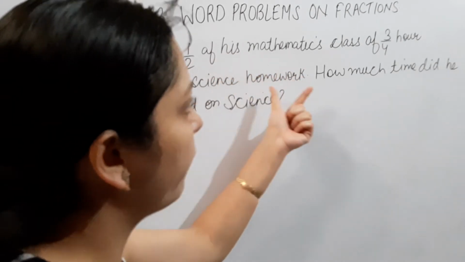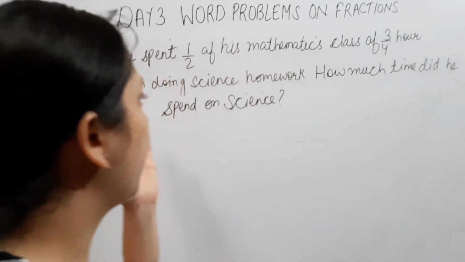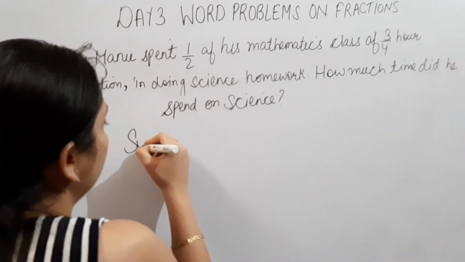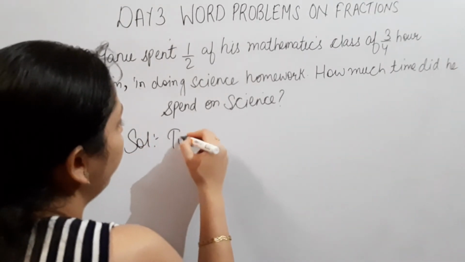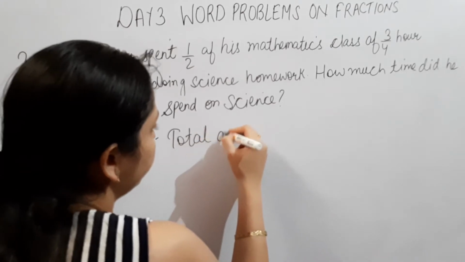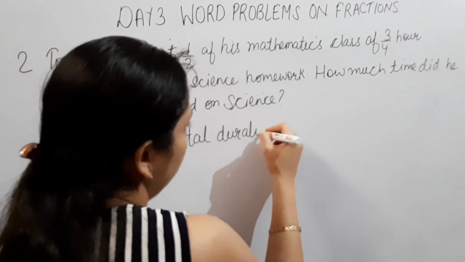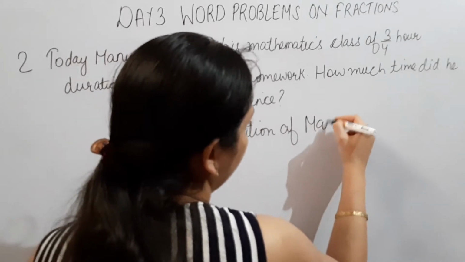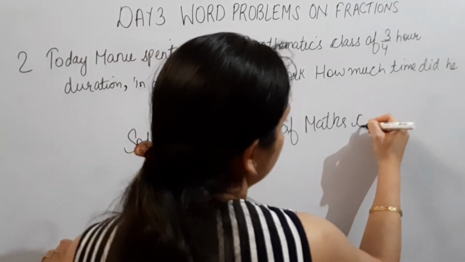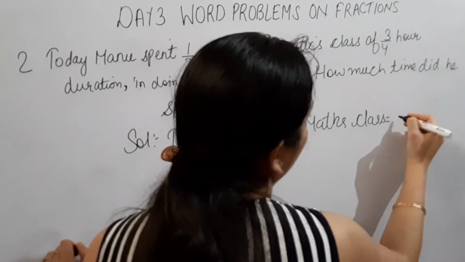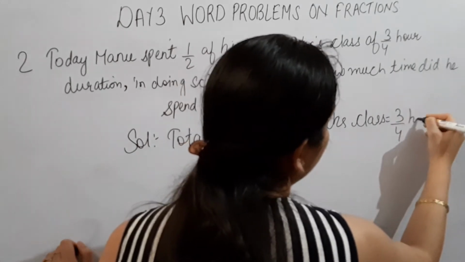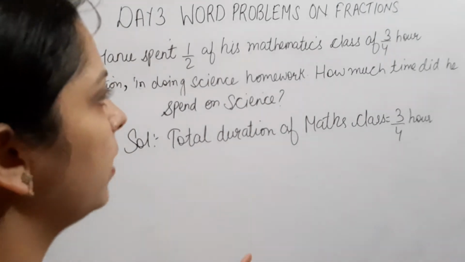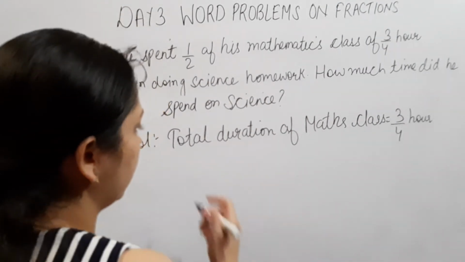So how much time did he spend on science? Total duration of maths class is 3 by 4 hours, of which he spent half of the time in doing science homework.